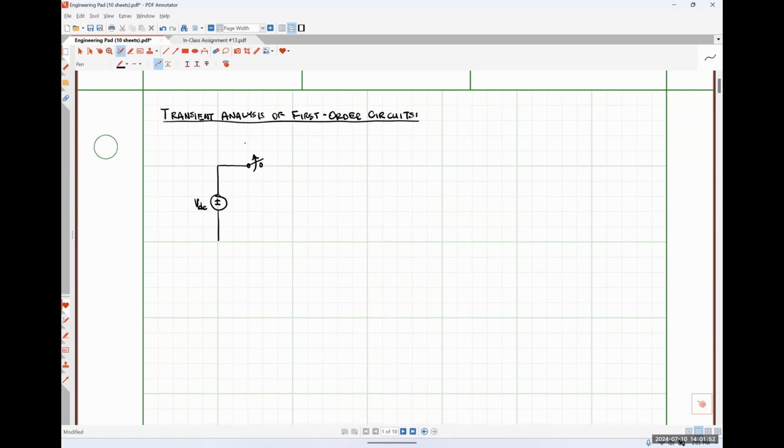I'm drawing this in such a way as to illustrate that at one particular point in time, which I'm going to call t equals 0, our switch is opening up. On the other side of the switch, I'm going to put a resistor.